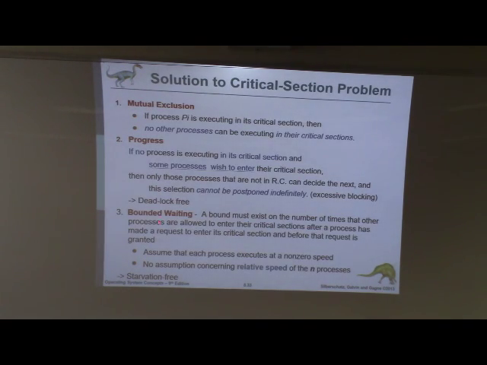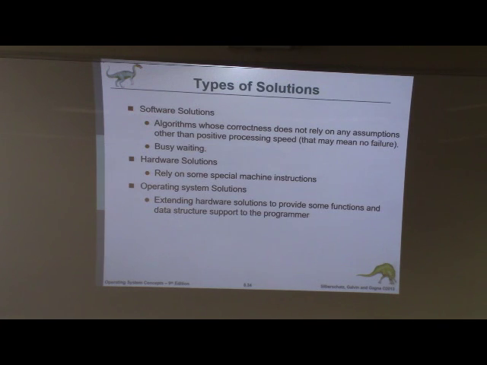Okay? Then the bounded waiting, this is for each process. Those who want to enter, those who want to use the shared data, will eventually enter the critical section. It's a bounded waiting. So for all the processes in the entry section, these three are the requirements of the critical section solution.